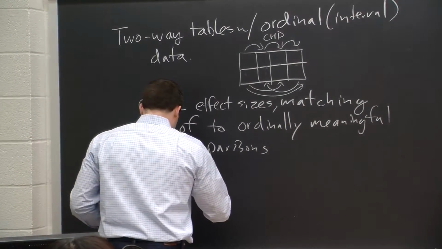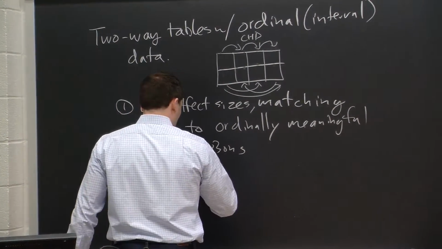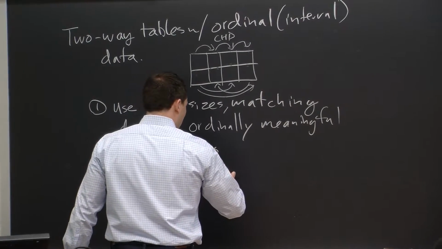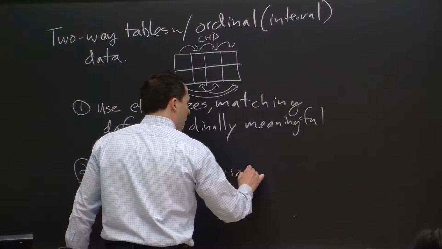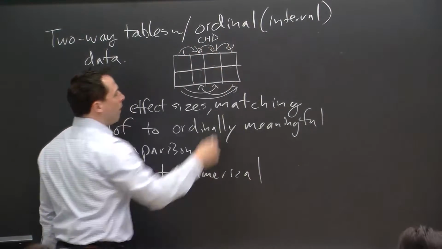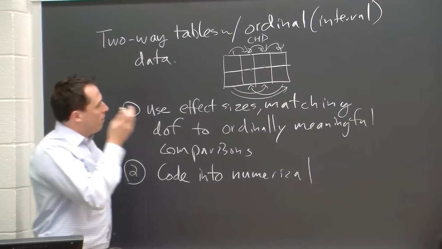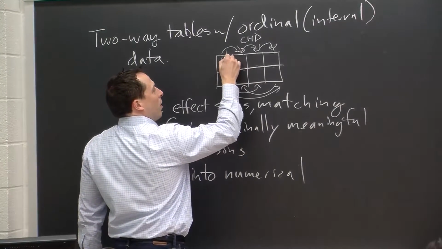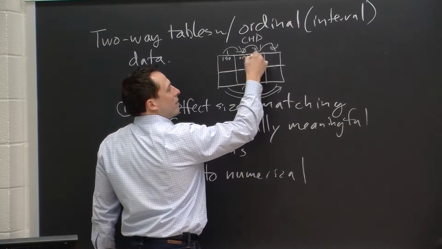Another thing we can do is we can code. So we can code the columns into something numerical. We can assign numbers like 1, 2, 3, 4, or say the max of these, 199, 219, and so on.